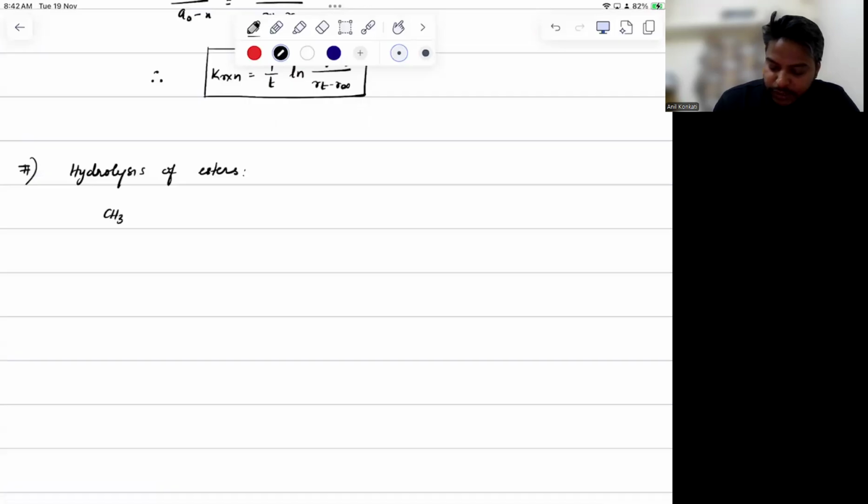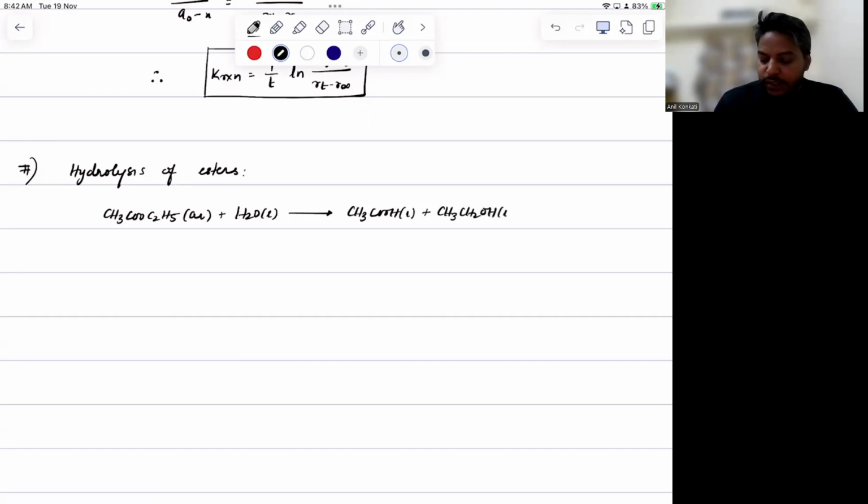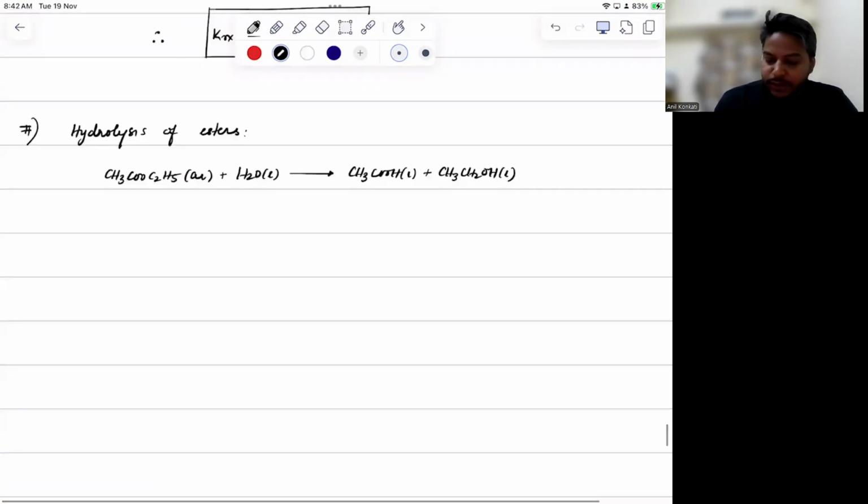If you notice, CH3COOC2H5 in aqueous solution plus H2O liquid will convert into CH3COOH liquid plus CH3CH2OH liquid. This is about hydrolysis of esters. Here, the reaction again can be written in terms of some K dash into ester concentration, which makes it pseudo first order kinetics.